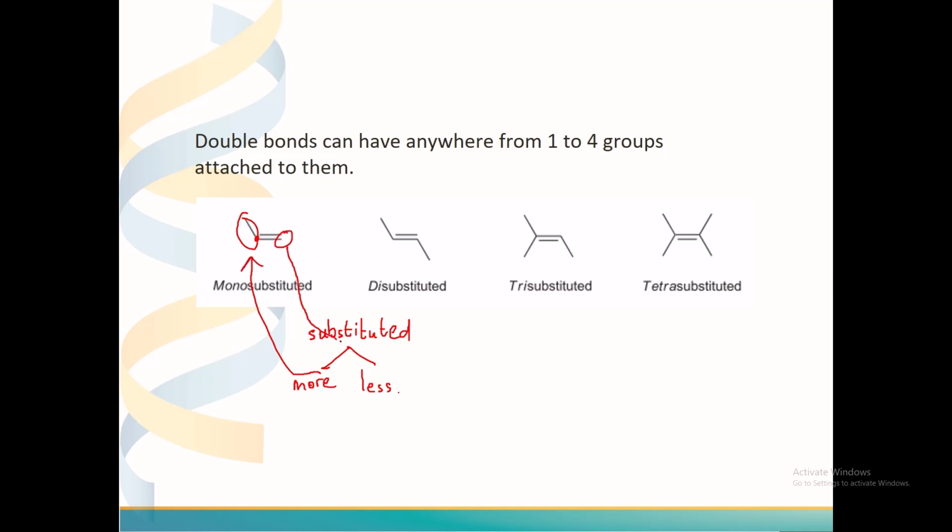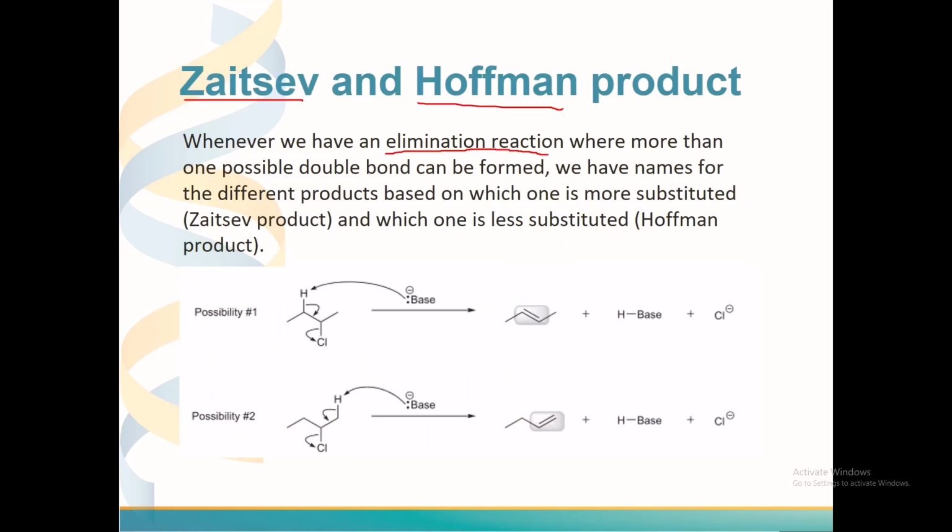This carbon is less substituted because it has one substitution, meanwhile this one doesn't have any. In this case, both are the same because this carbon is mono-substituted and this carbon is also mono-substituted, so both positions are okay. If we're comparing this and this, of course, the carbon on the left is more substituted and the carbon on the right is less substituted. For this case it's the same regardless. So in this position, we have chlorine, and then we're going to have a reaction.